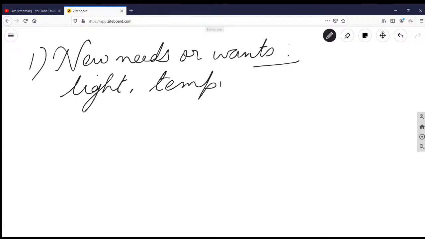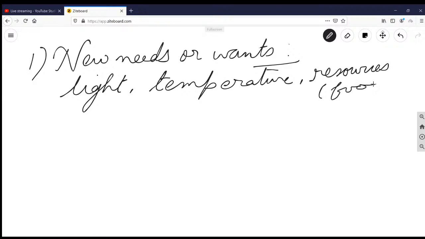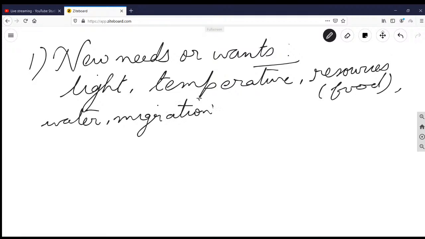So if environmental factors like light, temperature, availability of resources like food, then water, then migration, immigration change, it would lead to new needs in the living organism, especially animals.